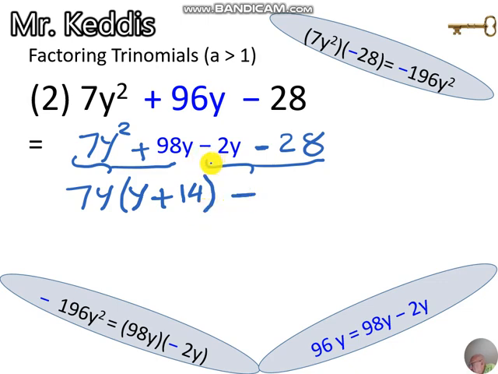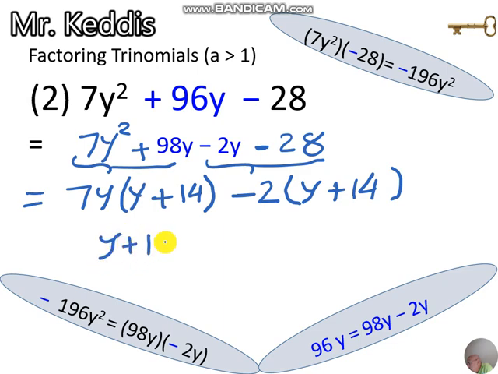In this group I get negative 2 as a common factor. Here is y, and negative times negative gives y. Negative times positive gives negative 28, and here is 14. You have y plus 14 as a common factor.